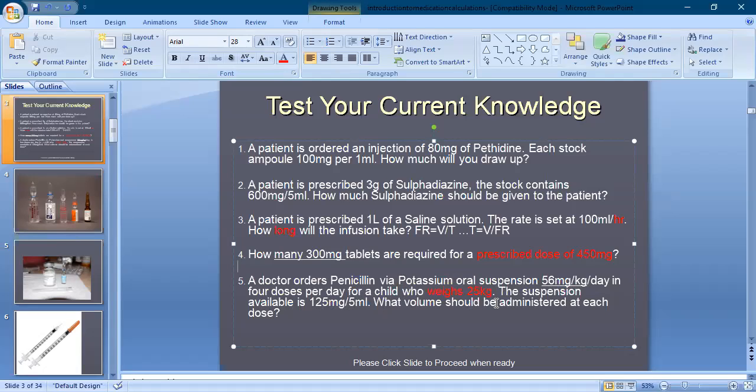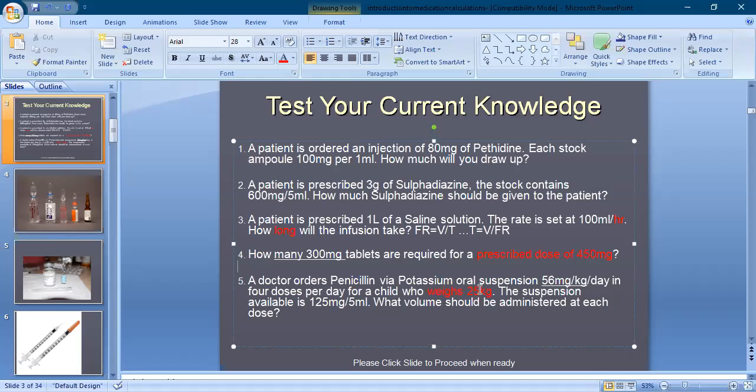First of all, there is too much information, right? So if your patient is 1 kilogram, they are supposed to get 56 milligram. But here your baby is 25 kilograms. So how much does your baby have to get?